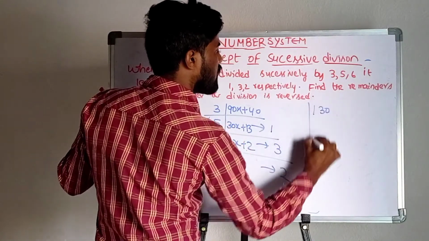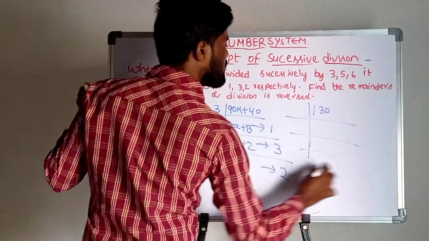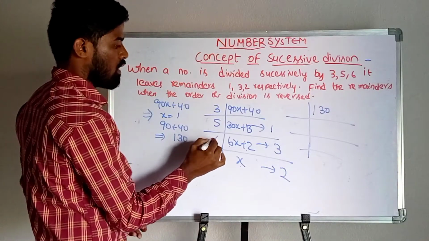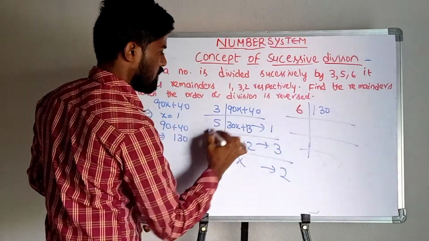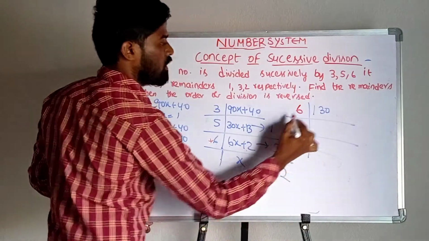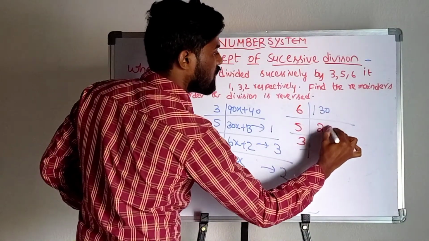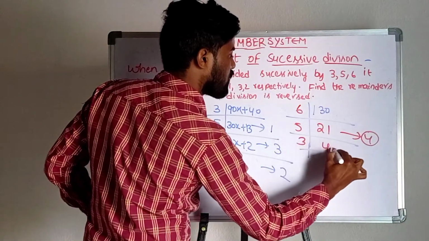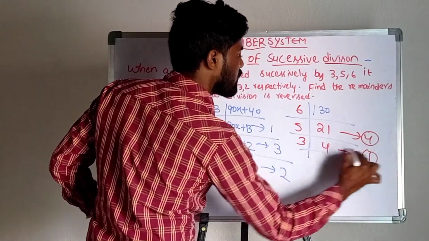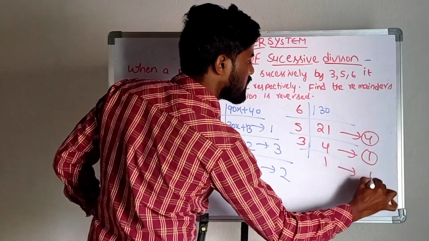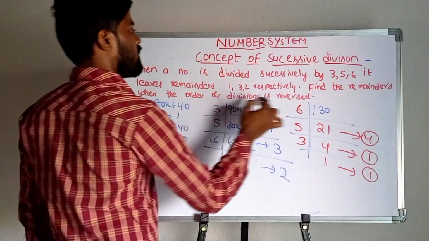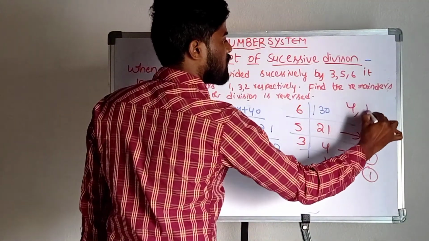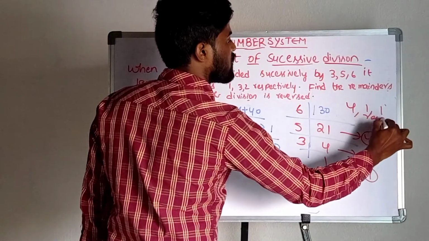Now we have to divide 130 with the order of division reversed, that is 6, 5, 3. 6 into 21 is 126, leaves remainder 4. 5 into 4 is 20, leaves remainder 1. 3 into 1 is 3, leaves remainder 1. That means the remainders when the order of division is reversed are 4, 1, 1 respectively.